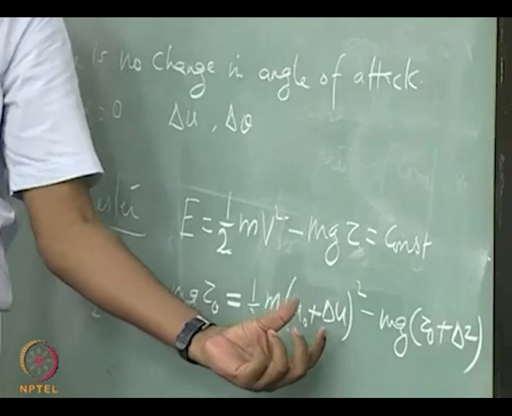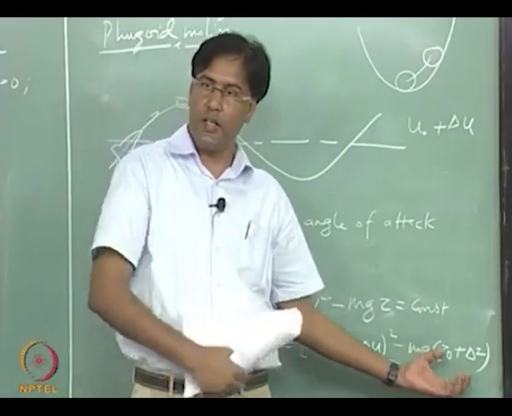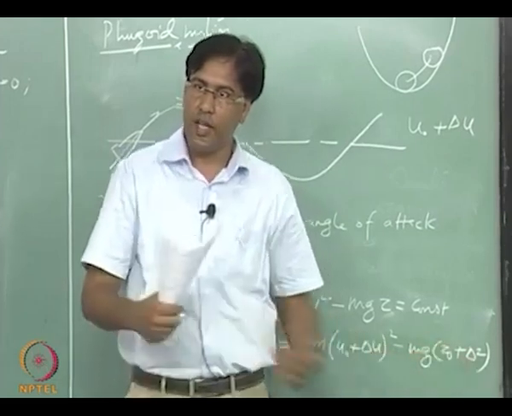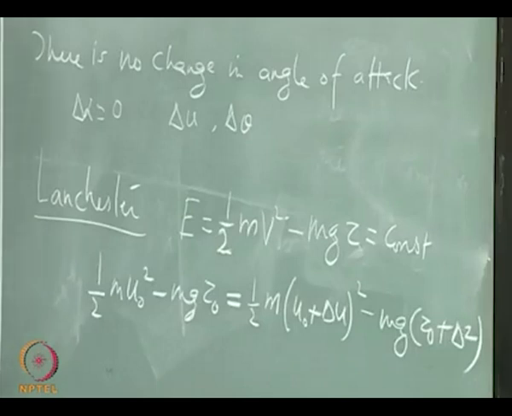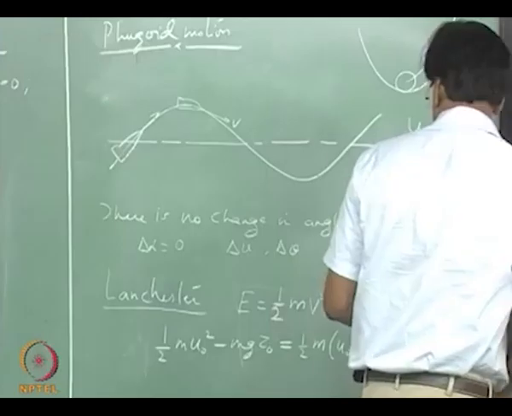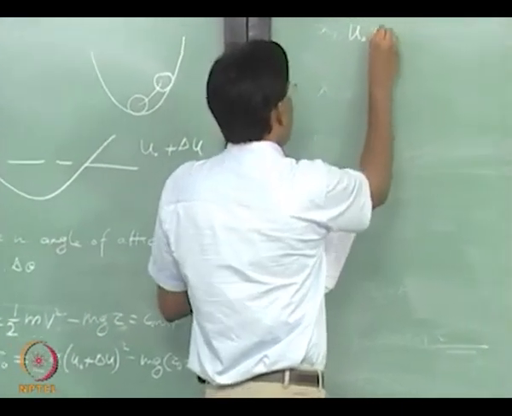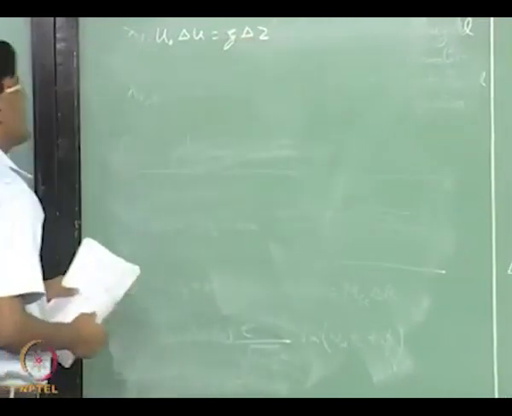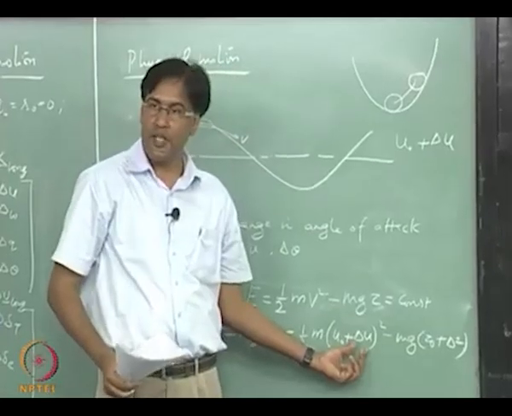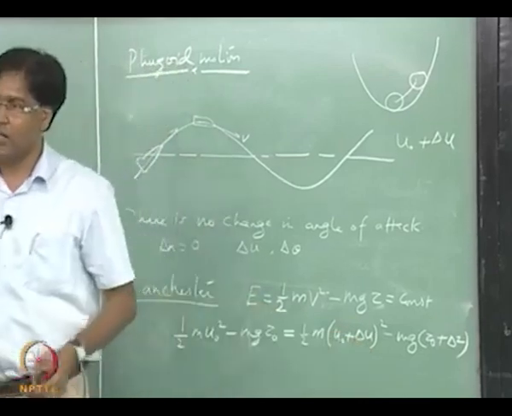So if there is an increase in the kinetic energy, that is being compensated by a decrease in potential energy. That is what this expression means. So, balancing these two, you can find out this expression by assuming that these perturbations are small. So, I am dropping the delta u squared term.